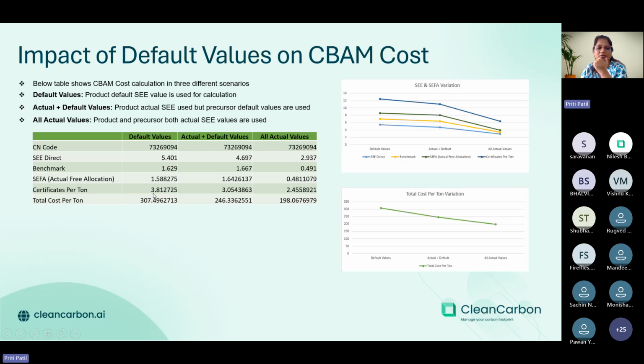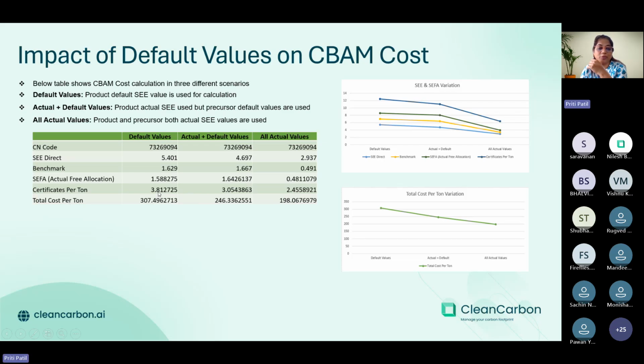Your number of certificates is 3.8 in case of default values, 3.05 in case of actual plus default values, and just 2.45 when you have all actual values. So you have a much better cost and a lesser number of certificates when you use actual values.